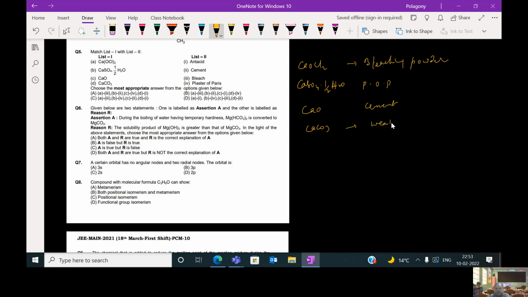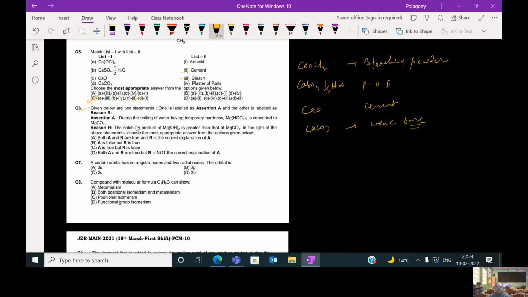So the correct options: bleaching powder is the third option, and POP is the fourth option. CaO for cement is the second option here. So C is the correct option.